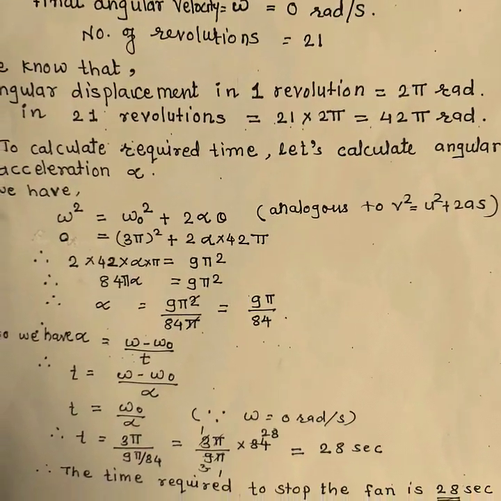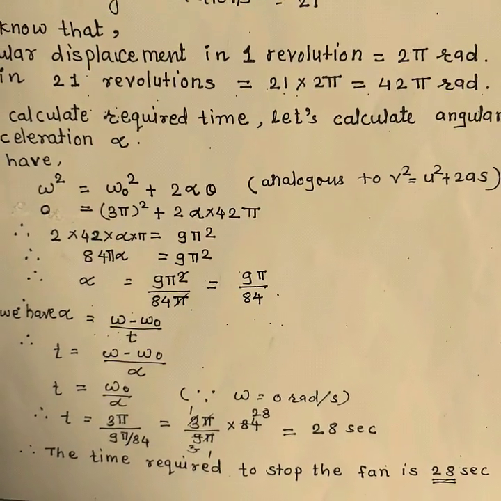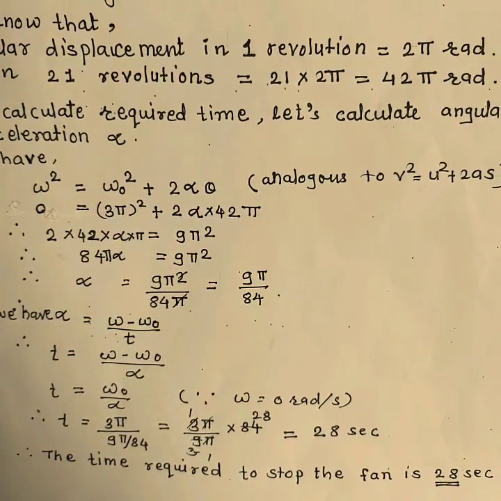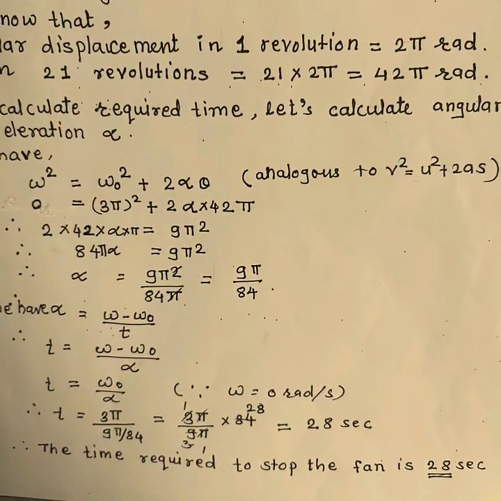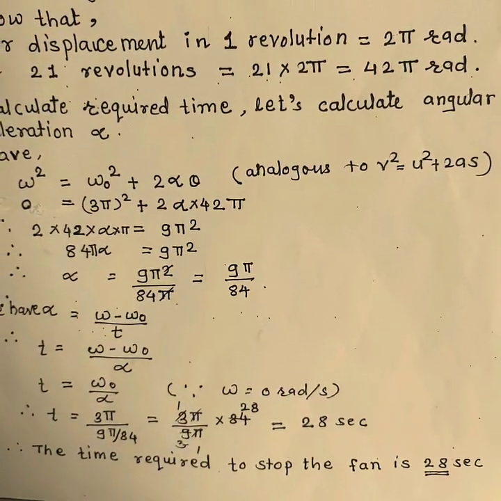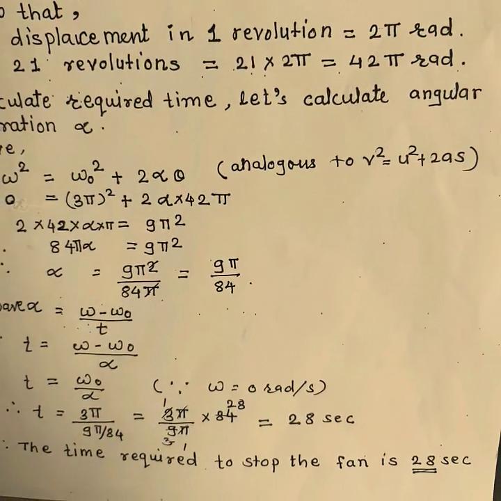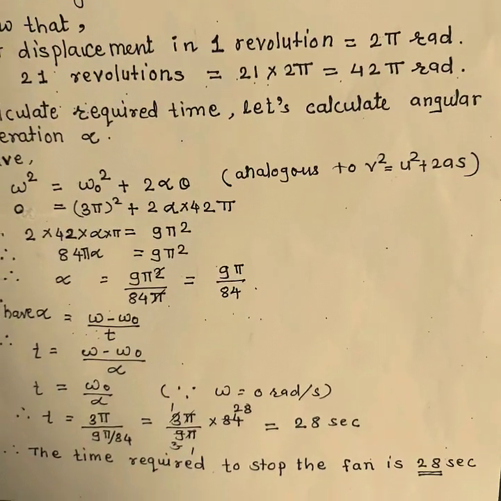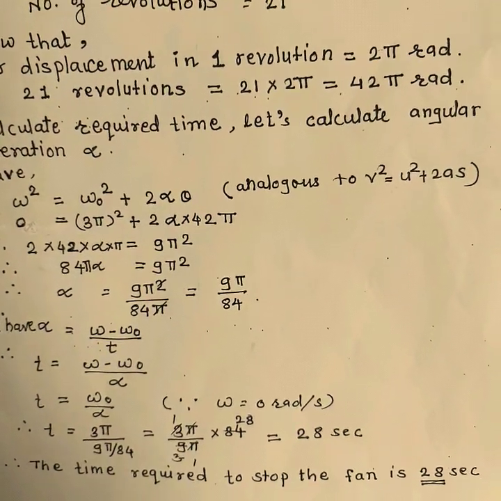Now let's substitute the values. Omega 0 is 3 pi, and alpha is 9 pi upon 84. After solving this, you will get the time 28 seconds. So the time required to stop the fan is 28 seconds.